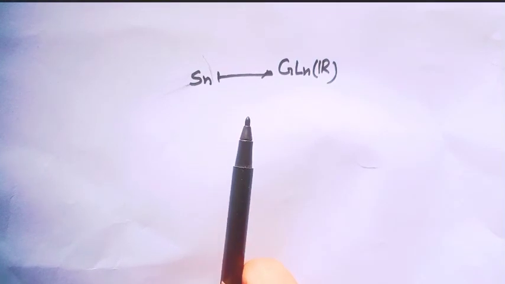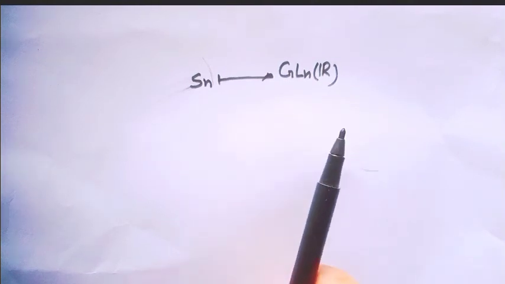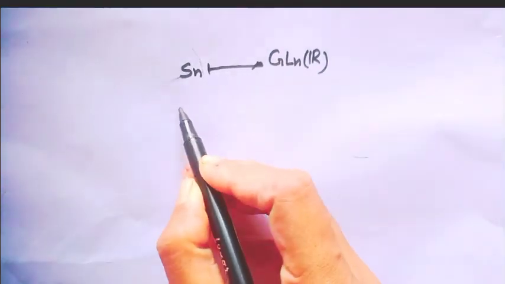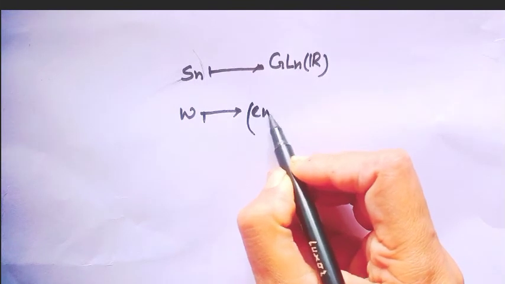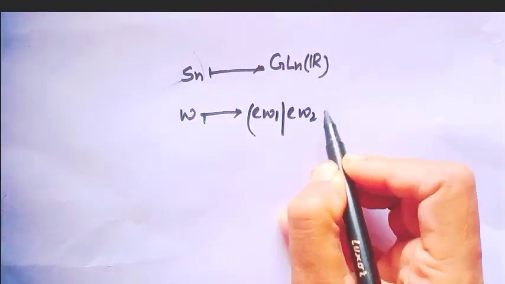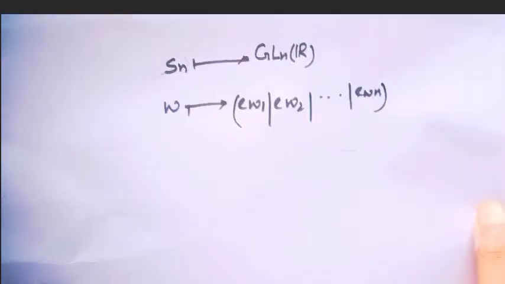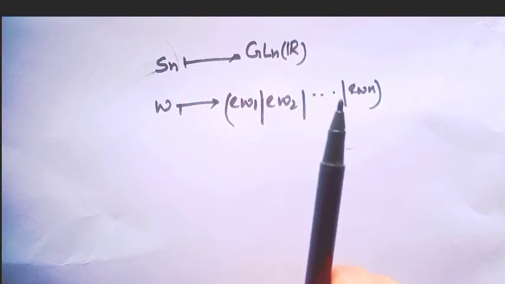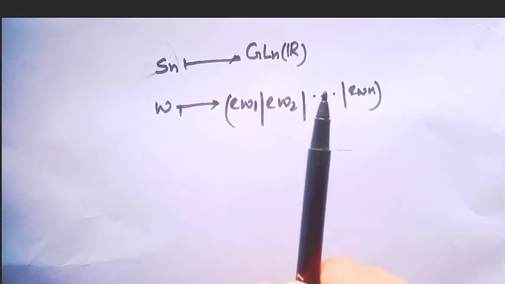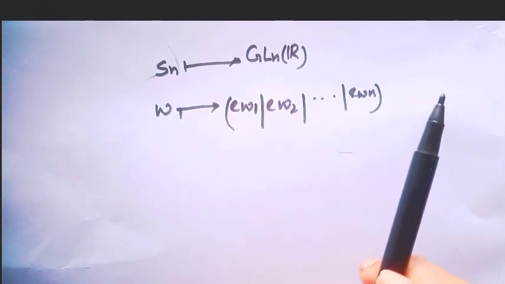Consider a homomorphism from the symmetric group to the set of all invertible n cross n matrices with real entries, such that w sends to the matrix with columns e w1, e w2 up to e wn, where e wi is the ith column vector. Okay, and this is, we all know, an example of a homomorphism.